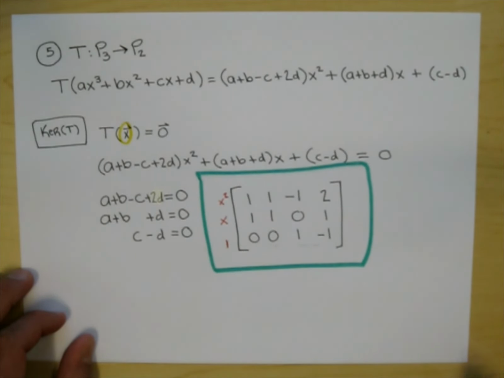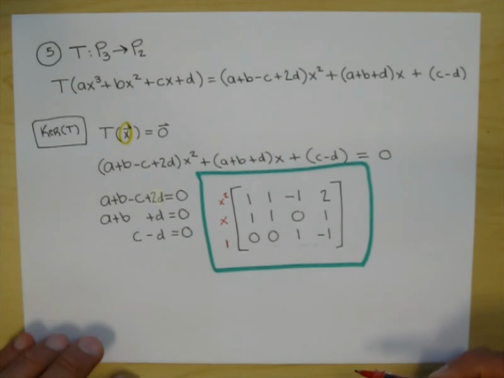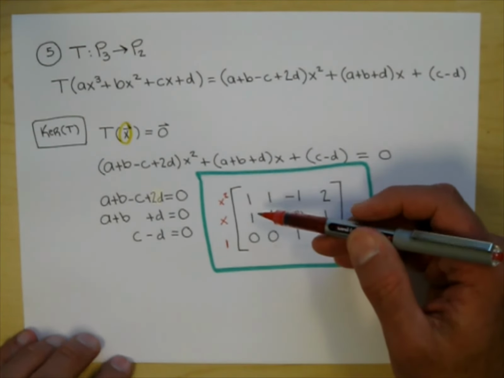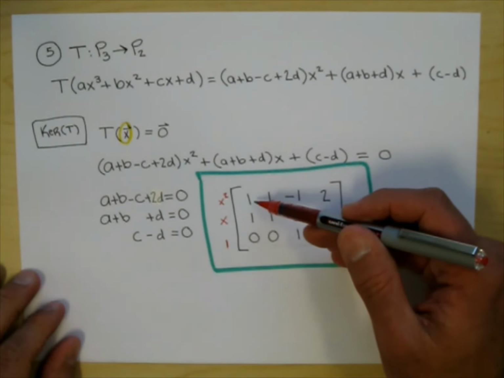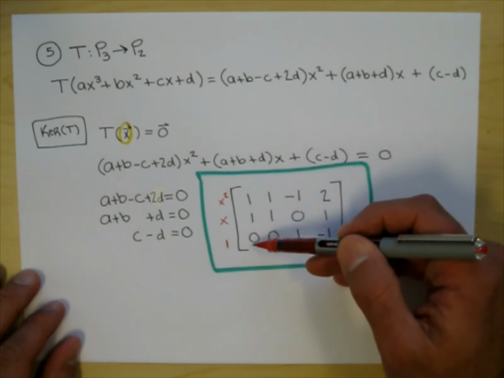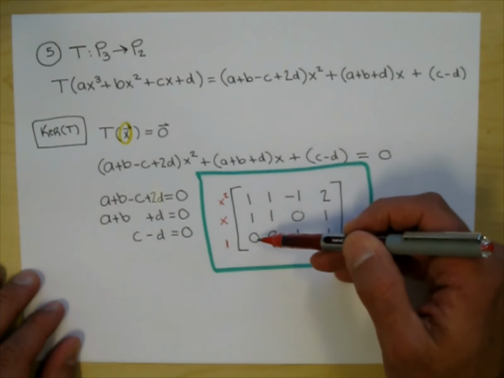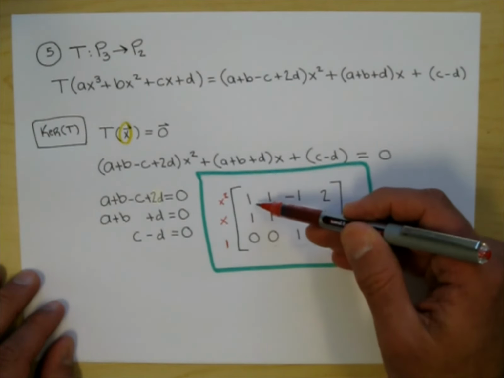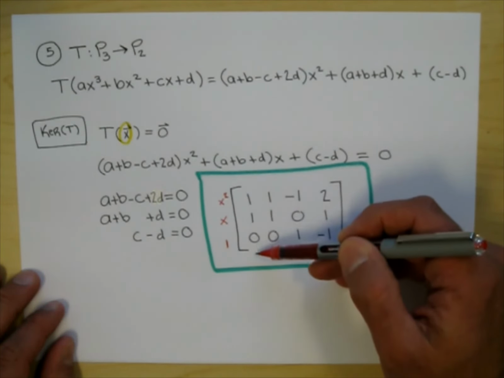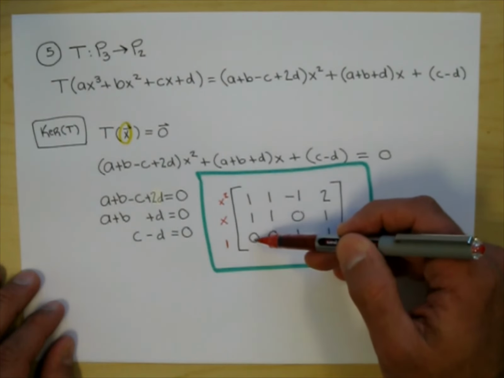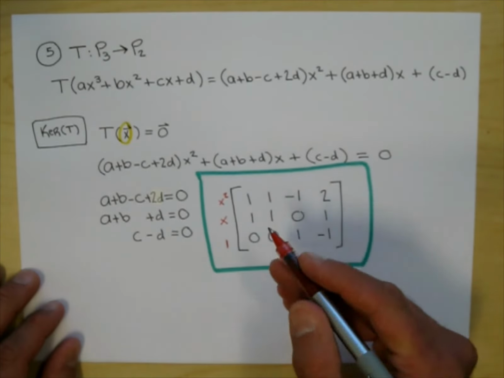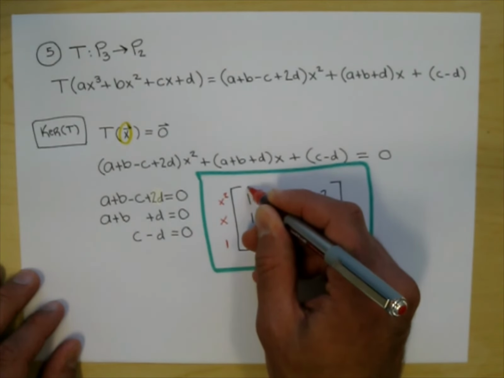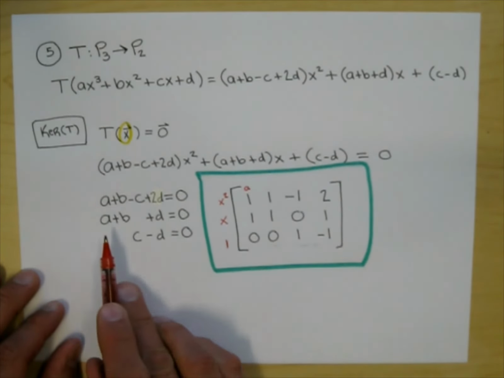Now let's look at things a little differently here. This column corresponds to x cubed. Now, you would say, where are you getting that from? Doesn't this column represent a? Yeah, it does.